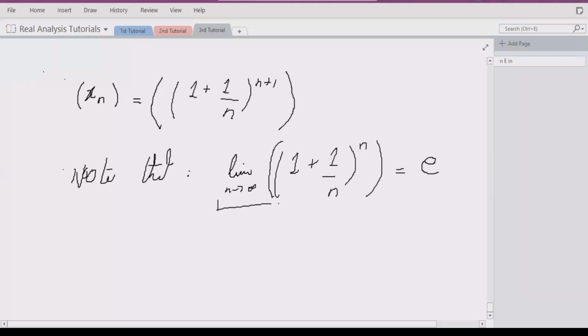I think it's your assignment to prove that limit. It is given in Bartle's book, so you can take help from there.